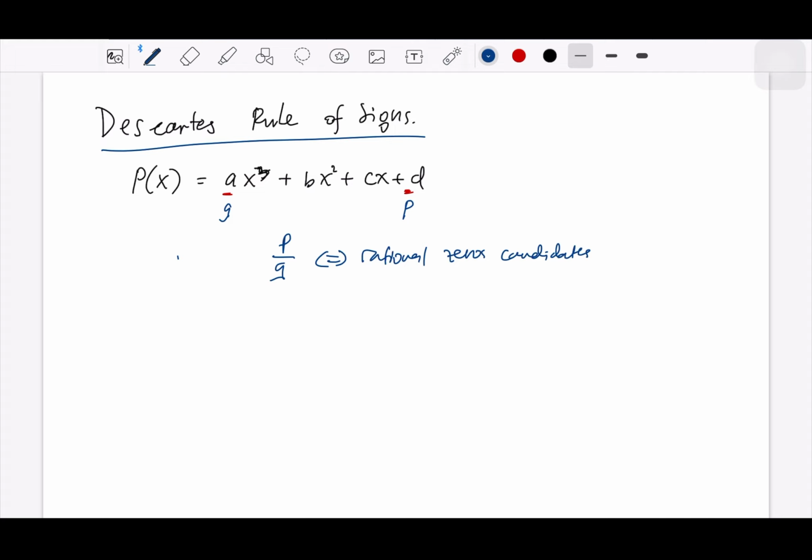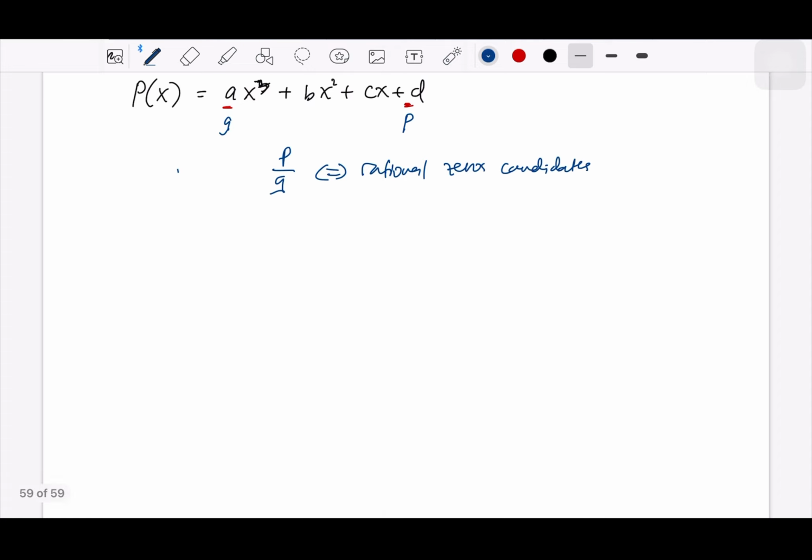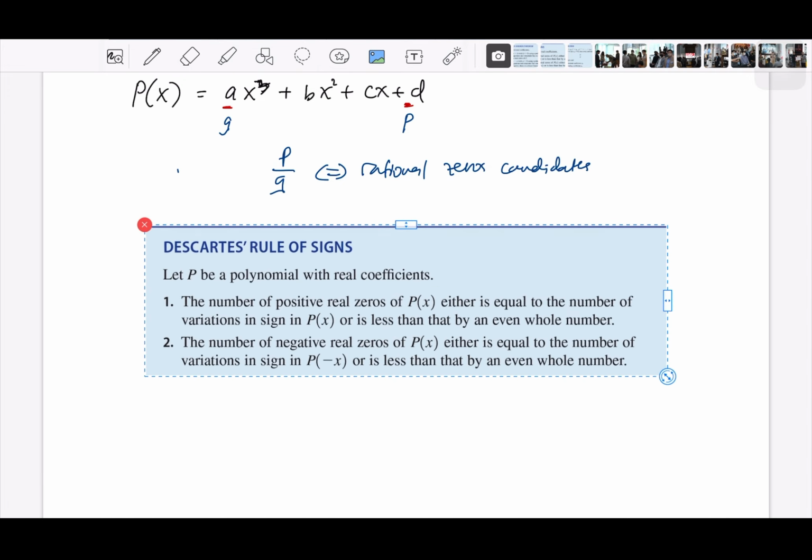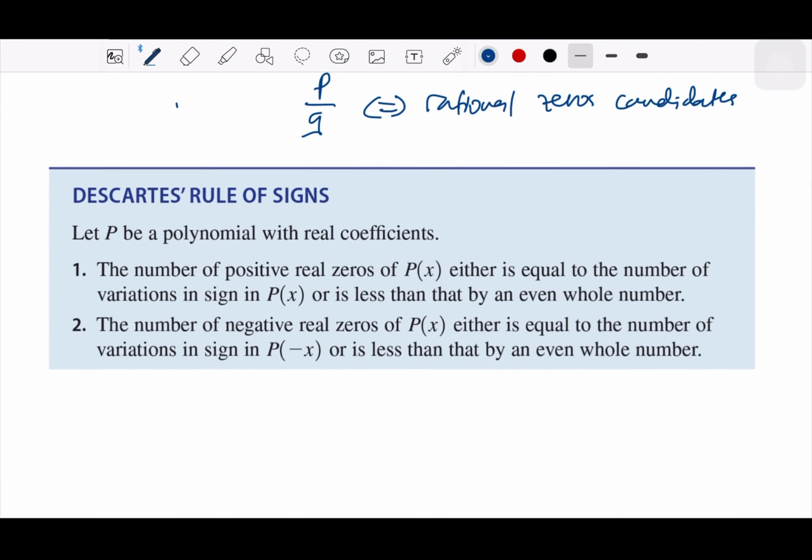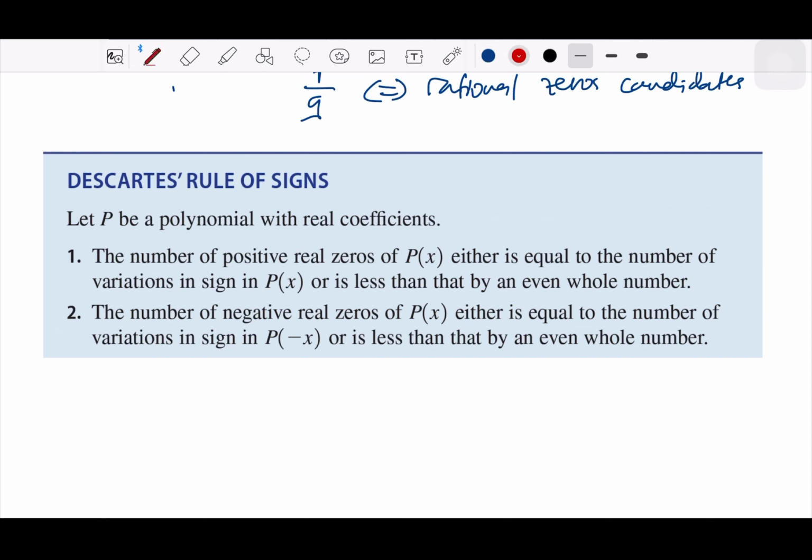Okay, so let me just tell you the story of this Descartes, the formulations. Let P be a polynomial with real coefficients, so it can be any polynomial. First, the number of positive real zeros is either equal to the number of variations in signs in P of x, or is less than that by an even whole number.